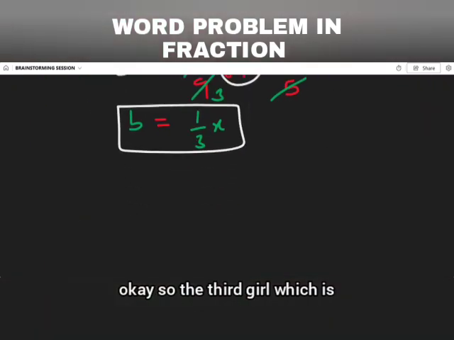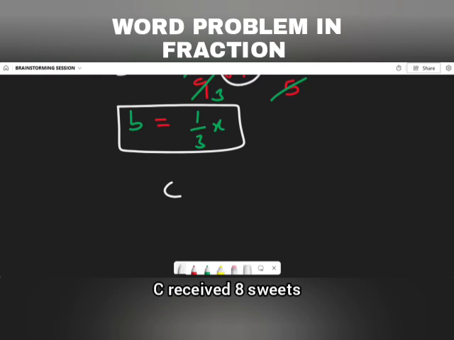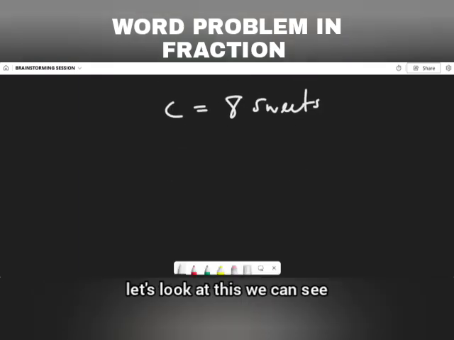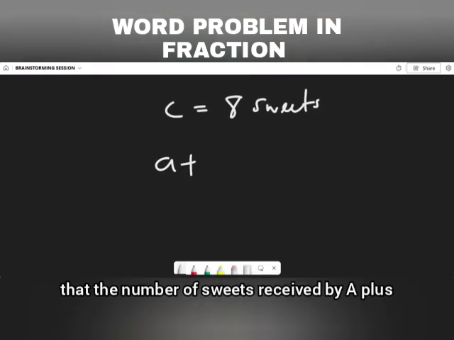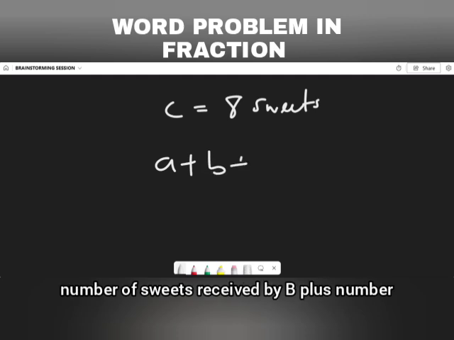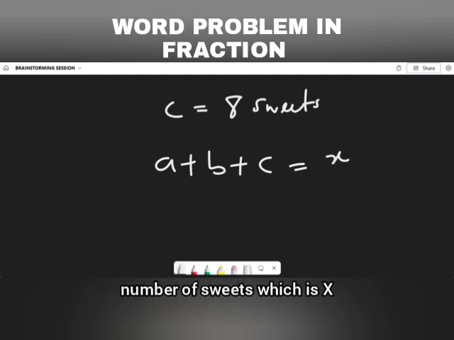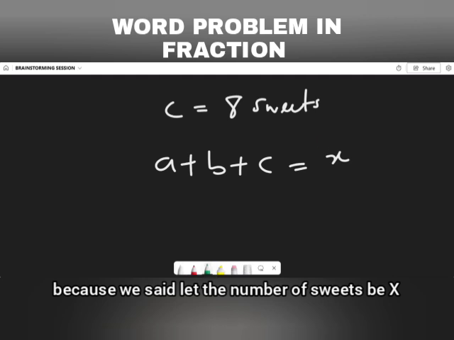So the third girl, which is C, received 8 sweets. We can say that the number of sweets received by A plus the number received by B plus the number received by C is equal to the total number of sweets, which is X. Have that in mind, because we said let the number of sweets be X.